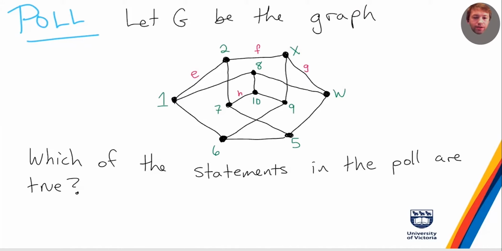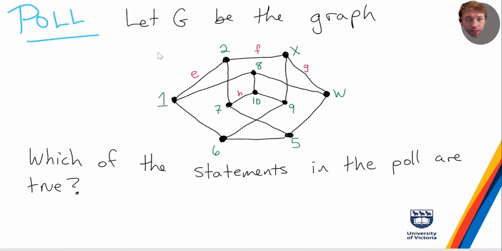Okay, so I'll launch this poll about this graph. This is just testing you on these questions. Which of the following statements are true about this graph? There might be many things that are true about the graph, so pick more than one if you want.